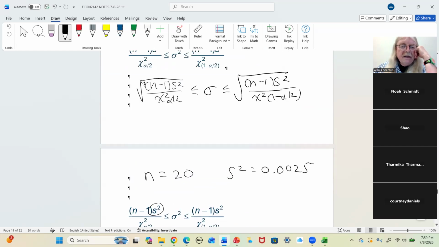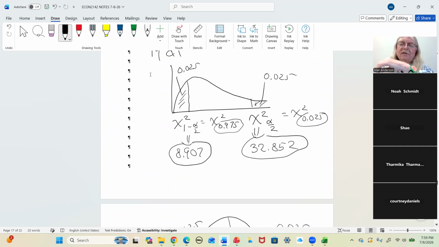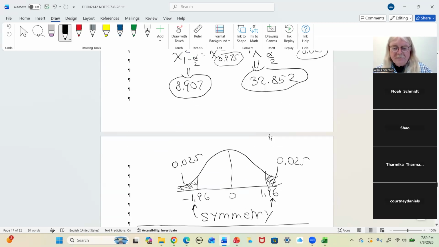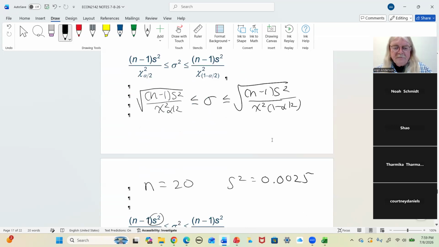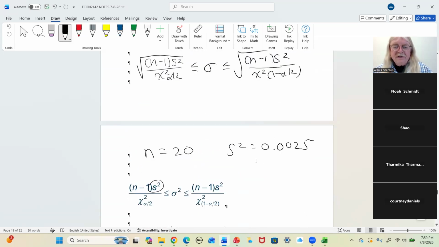That is found in the right tail. Well, actually, that's the other thing we got to watch out for. There are no tails as such here. So the terminology is a little different. So we have instead chi-squared alpha over 2 is the right critical value. The other one is the left critical value. This is 32.852. And over here is the 8.907.